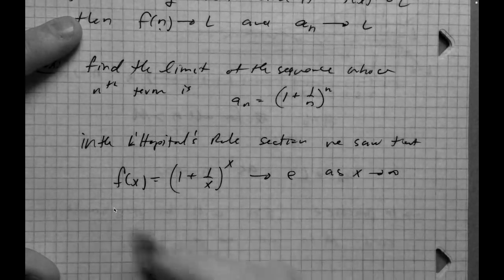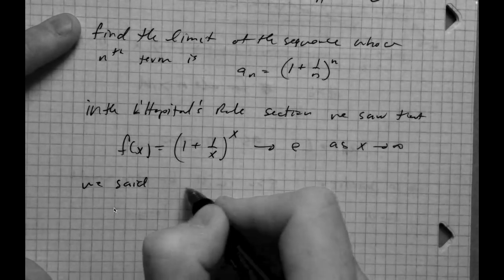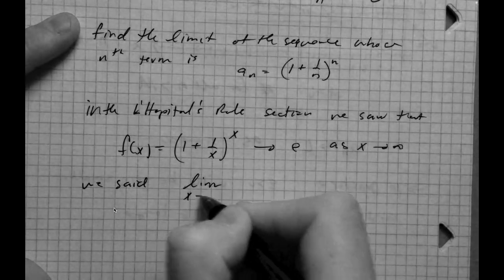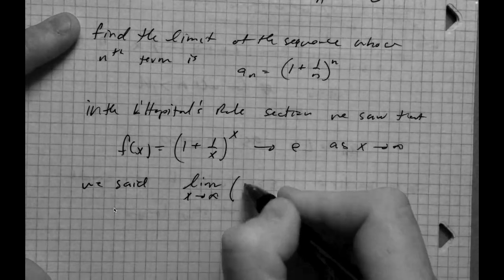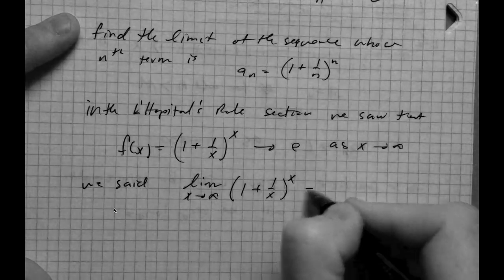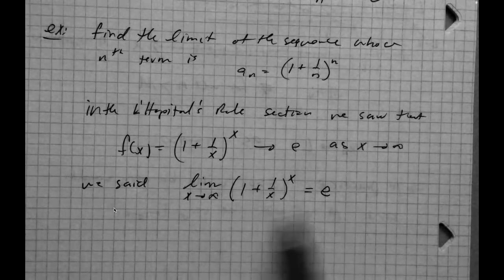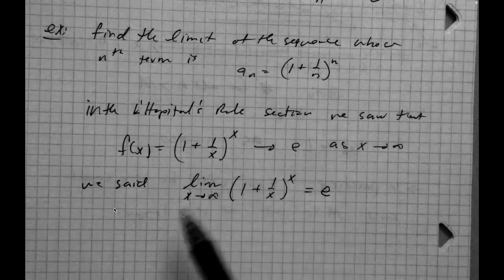What we said there, precisely, was that the limit as x goes to infinity of 1 plus 1 over x to the x power was equal to e. Now this was not a trivial limit to identify.